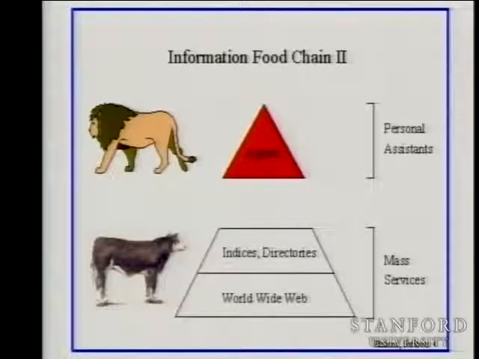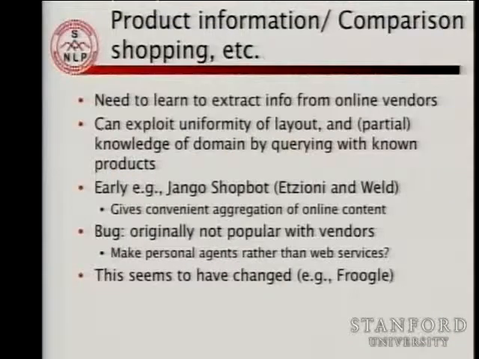And what we should be doing is, on top of the information herbivores, building the information carnivores, which work at a much higher level of operation. And I think it's when you get to wanting to build information carnivores that maybe that's where NLP gets much more useful.